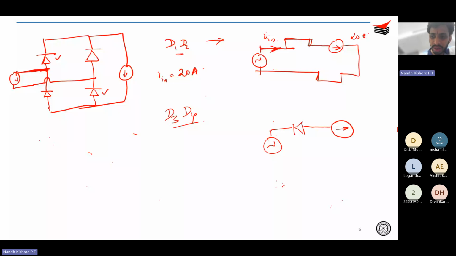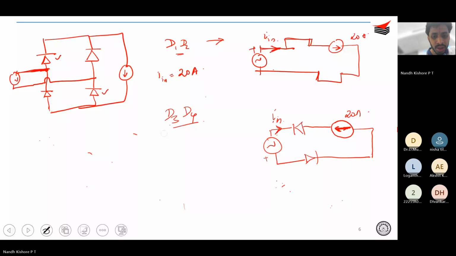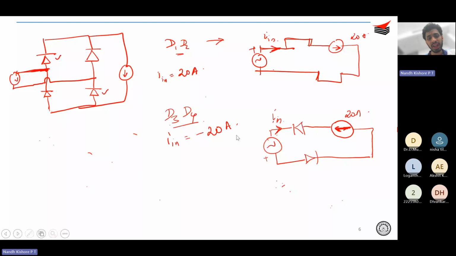Here this is positive and here this is positive. The conventional direction of In is what we have considered, so you can understand that when D3 and D4 are on, In is equal to minus 20 amperes. So you see in both cases that In is 20 amperes fixed or minus 20 amperes fixed.